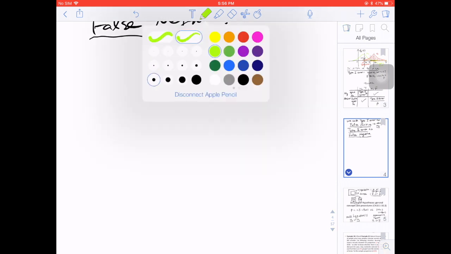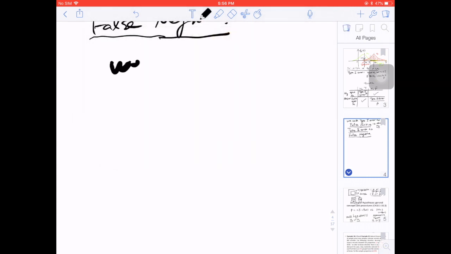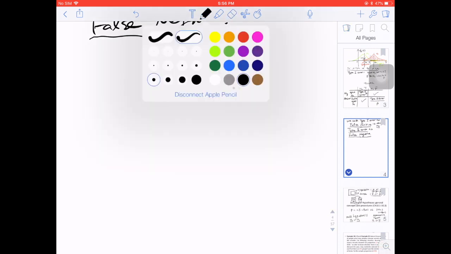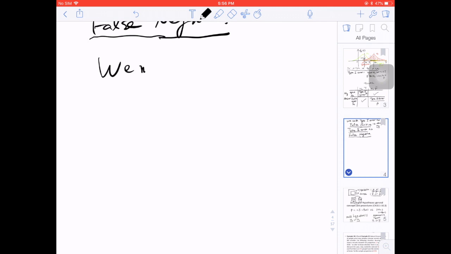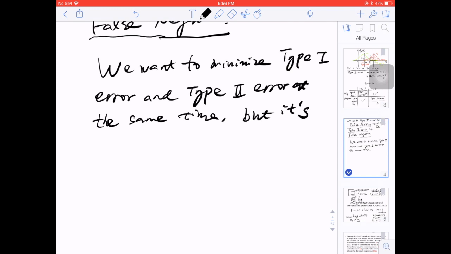Intuitively, we would like to minimize type 1 error and type 2 error at the same time, but it's hard. So we have a strategy.